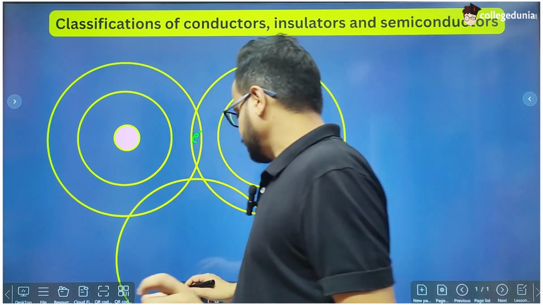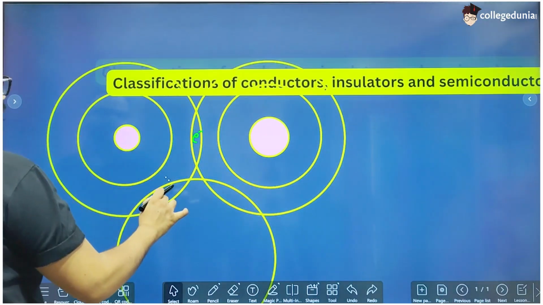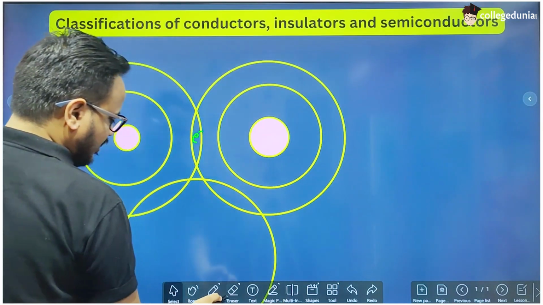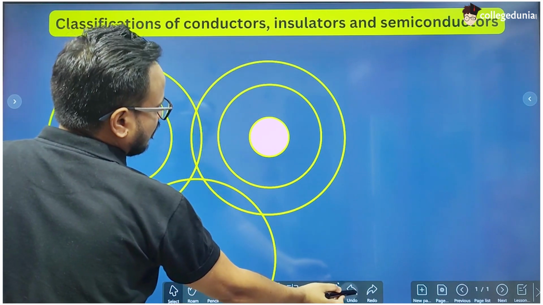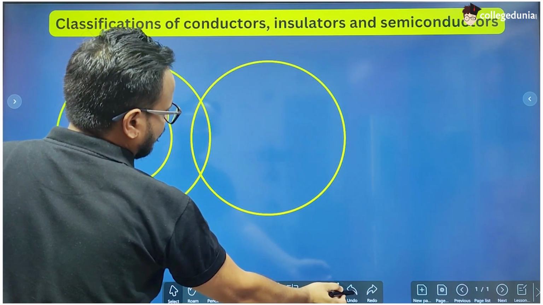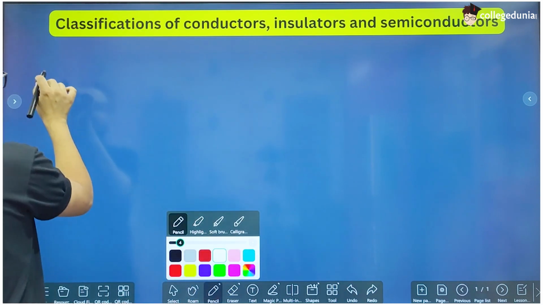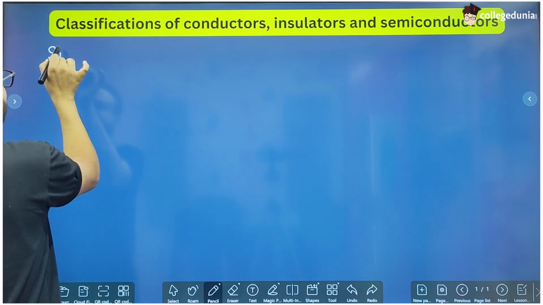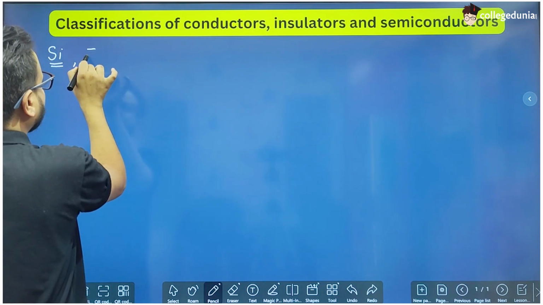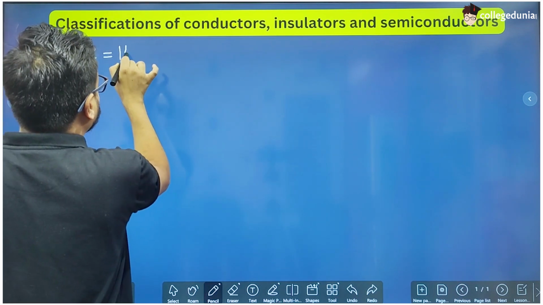Now let us take the example of silicon. Electronic configuration of silicon is what? Atomic number Z of silicon is 14.